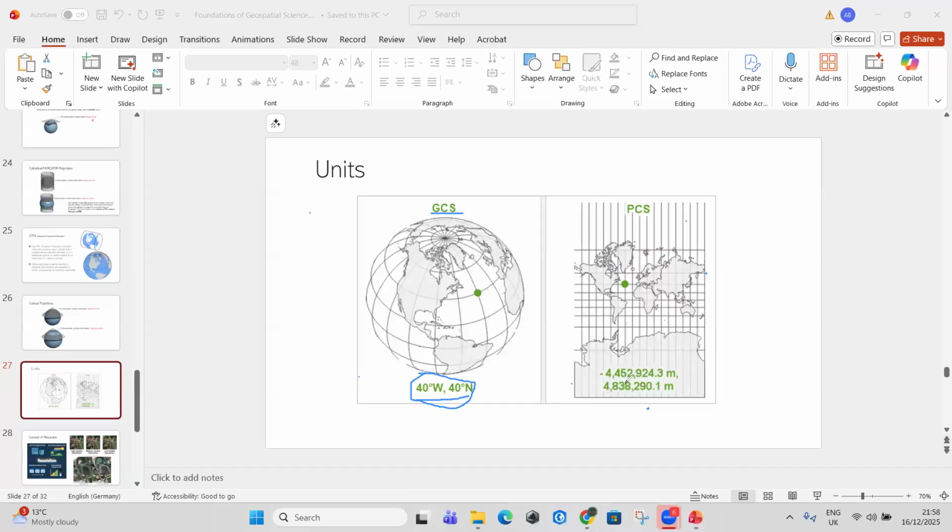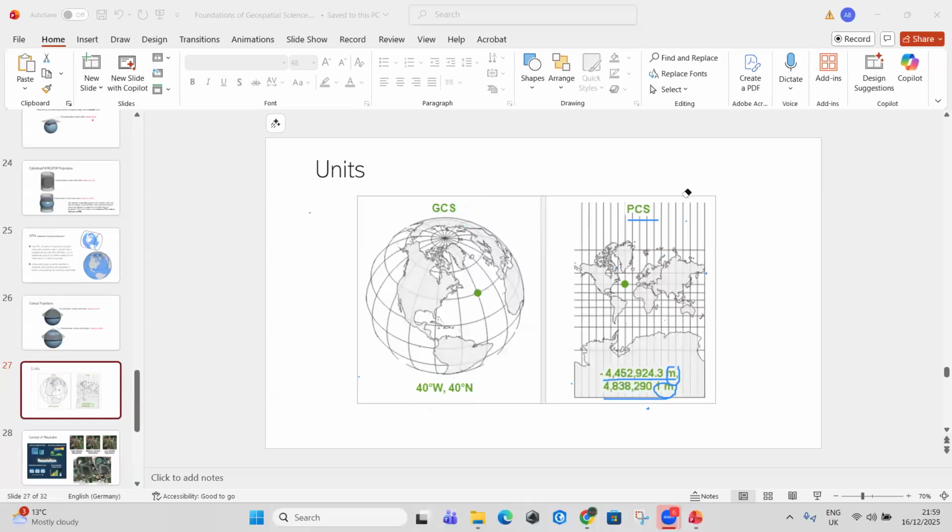Why, I will explain. But whenever it is in the form of plus and minus and in meters, it is a projected coordinate system. In a geographic coordinate system, we call it latitude and longitude. We use it so commonly that we all know about latitude and longitude. But in a projected coordinate system, it is called northing and easting.